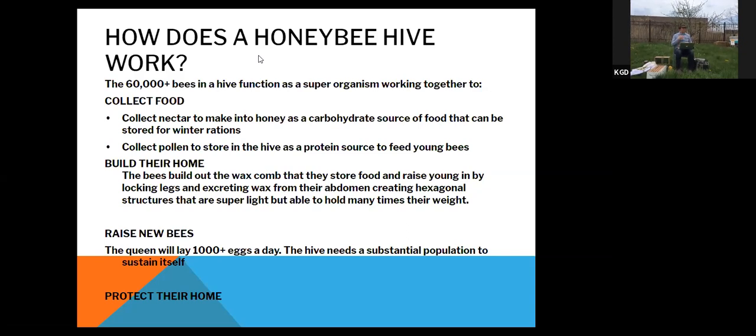But so they start up the season, start raising babies. There's a swarm season, and then through the rest of the season, their goal is to make enough stores to have enough for the winter months to survive, and start it all over again.